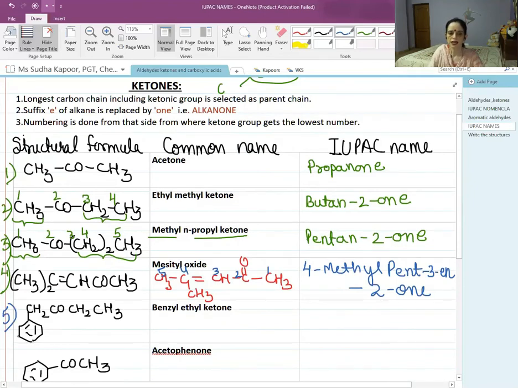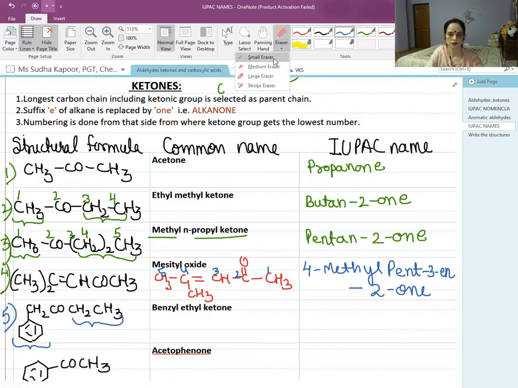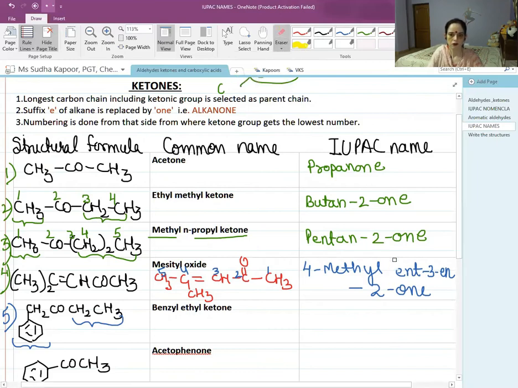Okay, now we come to the 5th example. This part is known as benzyl. This is known as ethyl, and CO is the ketone. So what are we going to name it? Following the long chain also, everything has to be followed. So it becomes benzyl. We will be naming it from the lowest part, 1, 2, 3, and 4.